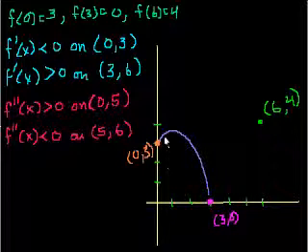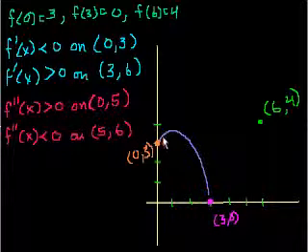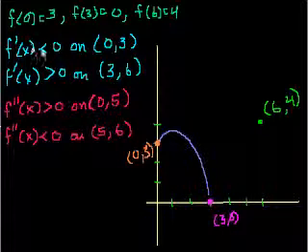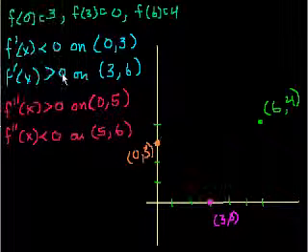And how do we know that? Well, because if the function moved up and then down, then you'd have a positive slope here, which this says is not possible. The derivative is less than 0 on this interval, so the slope has to be negative the entire time.